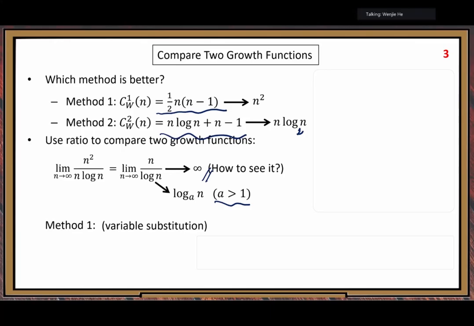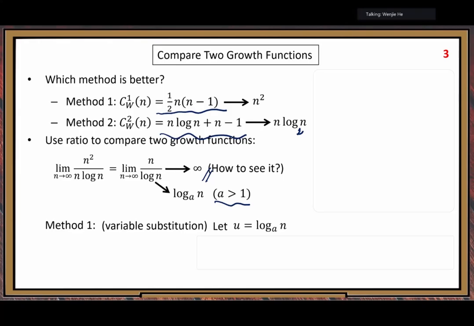In order to see it better, we may like to do a variable substitution. We change its form, and after we change the form, we use a different view to look at the same thing, the limit of this ratio from a different point of view.